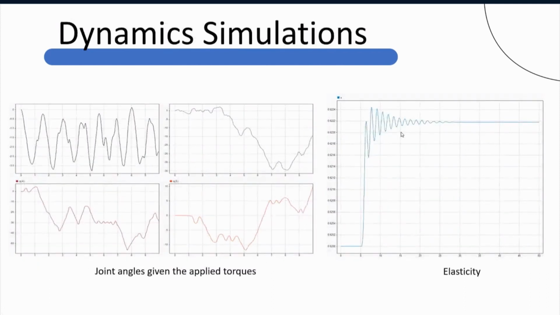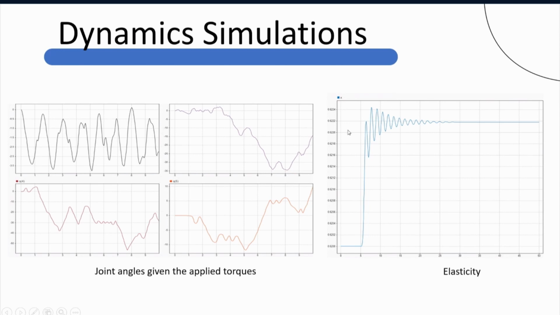And these are some simulations of the dynamics model that I have obtained recently. I have here the joint angles simulations. Once I give certain torque to the joints, these graphs show how the joints behave, and this one here shows the elasticity of the link.